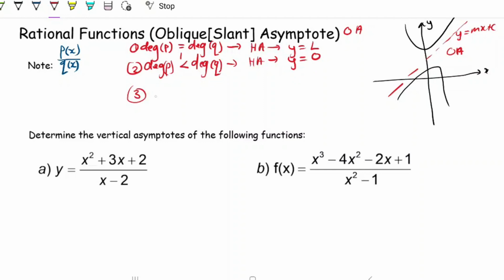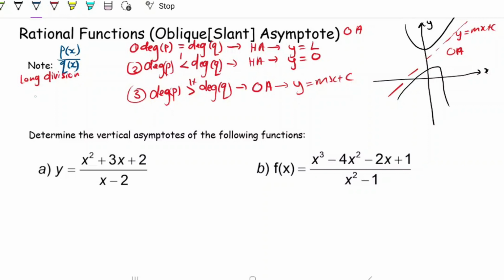But now we're going to deal with the case when the degree of the numerator, P, is 1 more than the degree of the denominator. And this is quite important. It is 1 more than the degree of the denominator. If this is the case, there exists an oblique asymptote, and the oblique asymptote will be a straight line. So we will use the method of long division and try to divide this rational function.